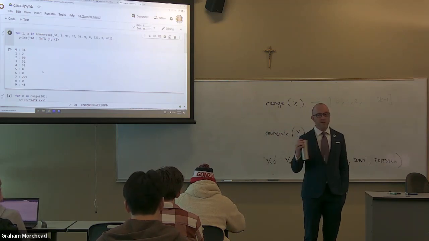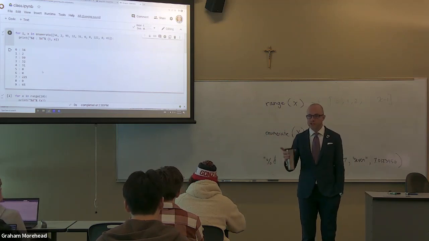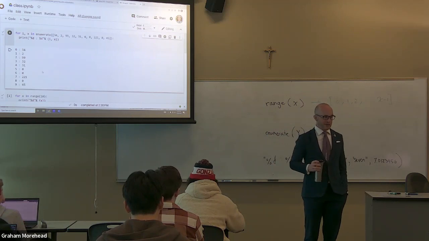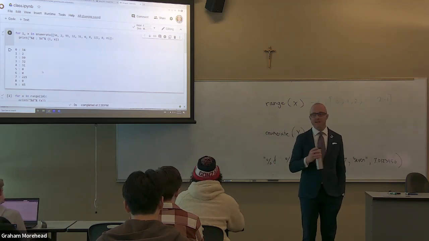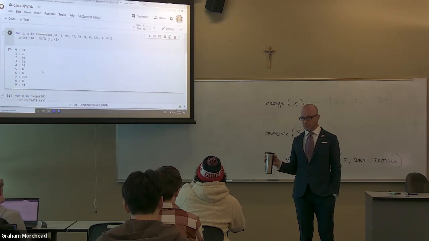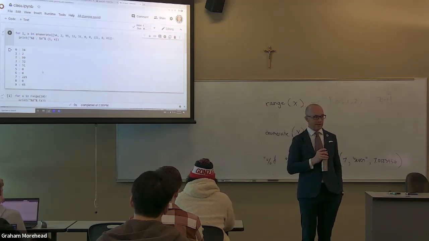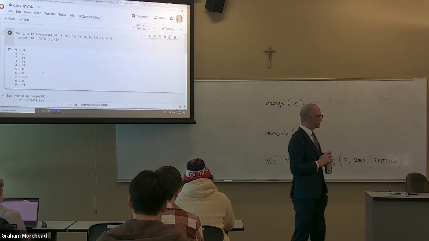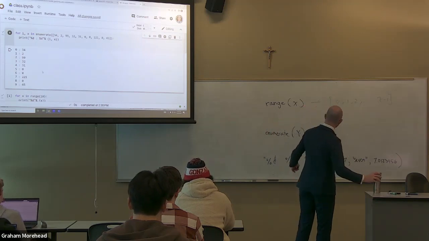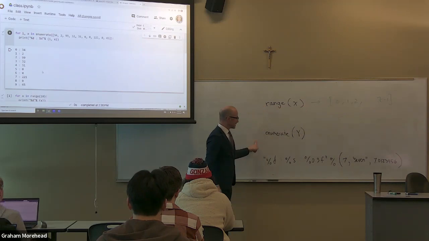Now, you may have something in your code which needs to know which element it is. Is it the first element, the 7th element, or the 17th element? And enumerate is how you do that. So that's range and enumerate.